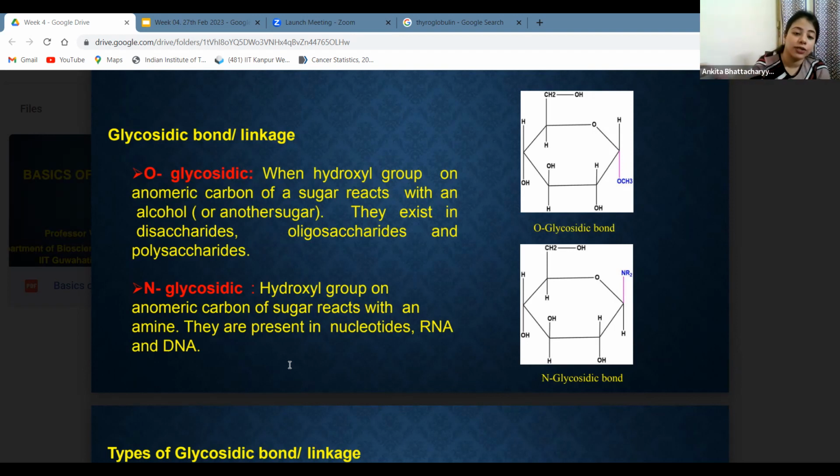Compare that to the N-glycosidic linkage, where the OH group on the anomeric carbon of a sugar reacts with an amine group. For amine, it's denoted by N, but for the O-glycosidic linkage, since it is reacting with an alcohol, it's denoted by O. They are present in nucleotides, RNA, and DNA.